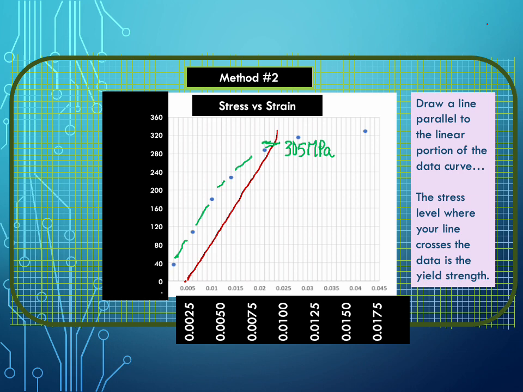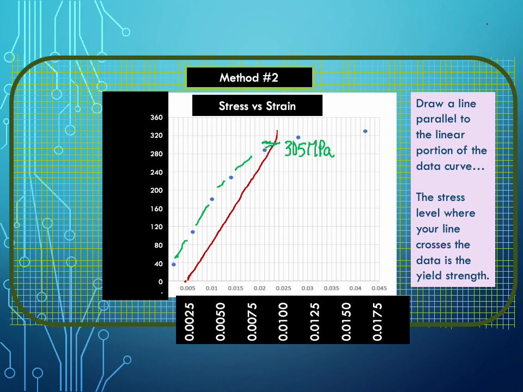Now, of all of the things that we have to calculate from a tensile graph, the only one that absolutely requires us to use the graph is the yield strength. There have been attempts in the past, and I'm open to anybody who wants to try to calculate yield strength without having to use the graph. In theory, it's possible. You would just calculate the slope, and then you'll have the equation for this line that begins at 0.005.